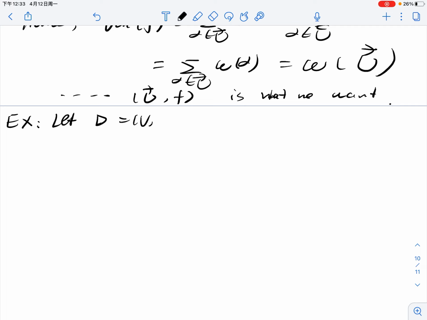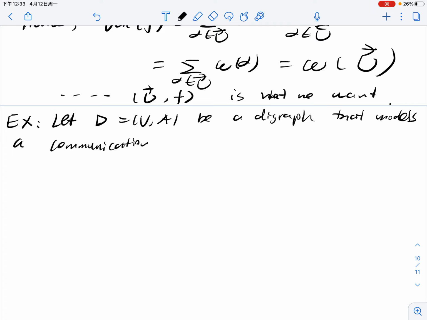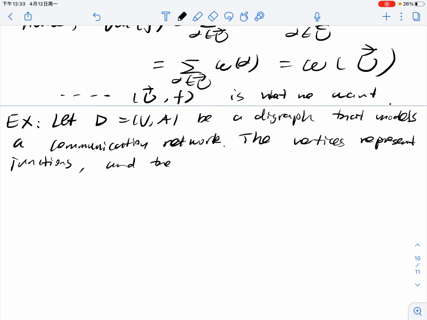So let D be a digraph that models a communication network, where the vertices represent junctions, and the arcs represent one-way direct lines of communication.